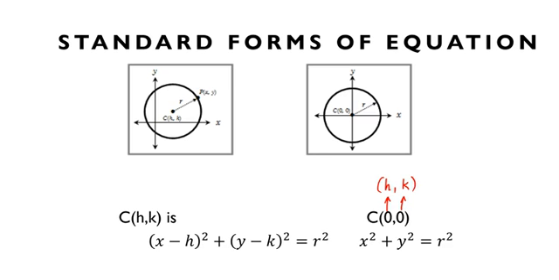If the center is at 0, 0, or at the origin, the standard form of the equation of the circle is x squared plus y squared equals r squared. Whereas if the center is at any point (h, k), it would be written as (x minus h) squared plus (y minus k) squared equals r squared.